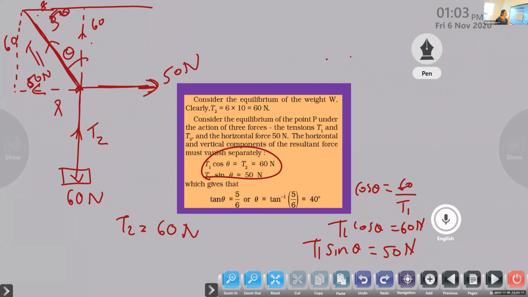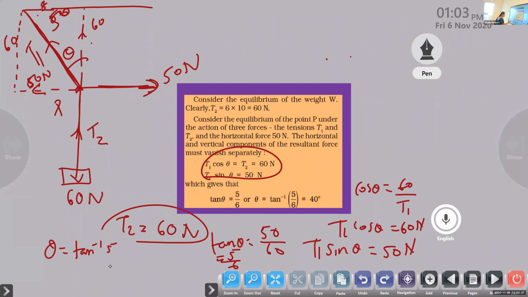That must have made you confused. Now, tan theta is equal to sin theta by cos theta. T1 gets cancelled. 50 by 60 gives 5 by 6. Now, theta is equal to tan inverse 5 by 6. Then you know the answer.